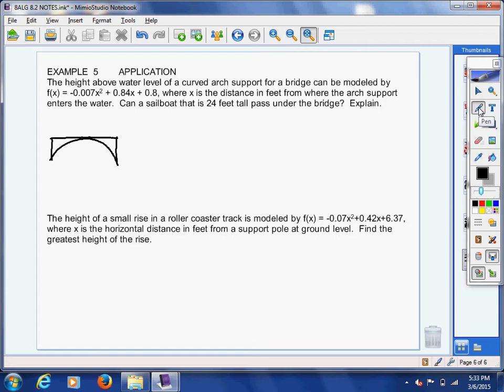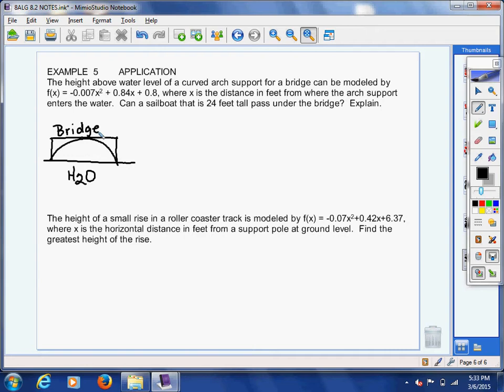We've got to cross over a body of water, so here's our H2O, this is our bridge, and we want to know, can a sailboat come underneath that bridge safely if the sailboat is 24 feet tall? That's what we want to know.